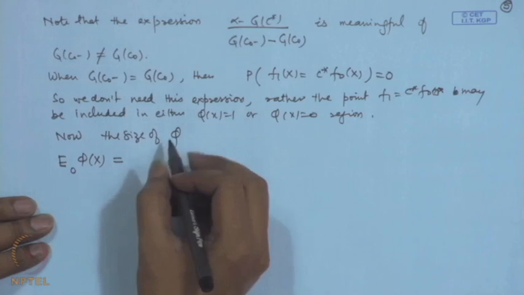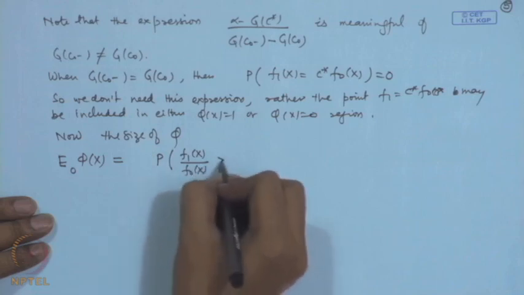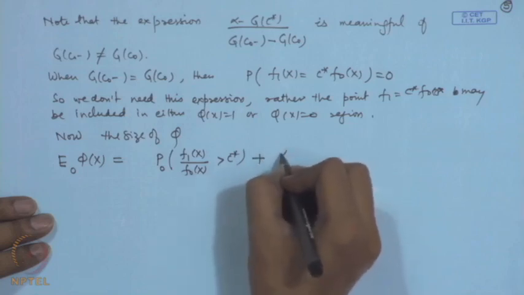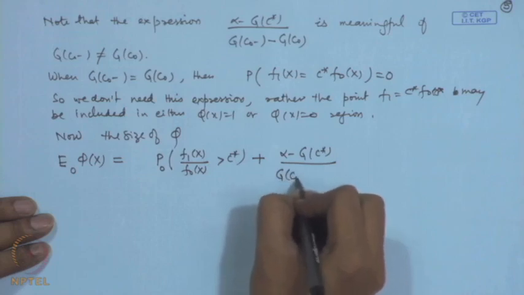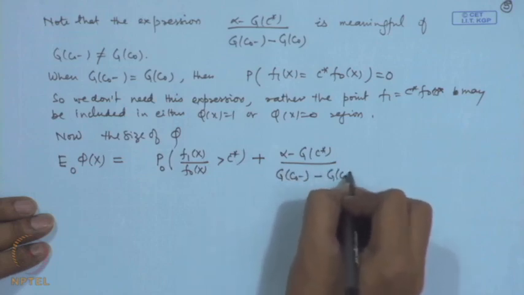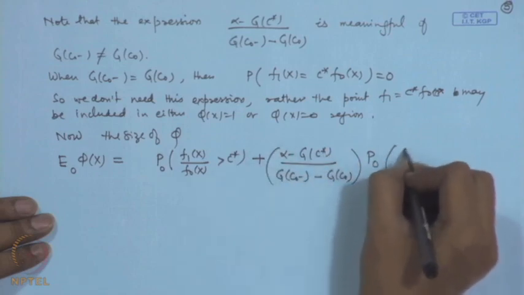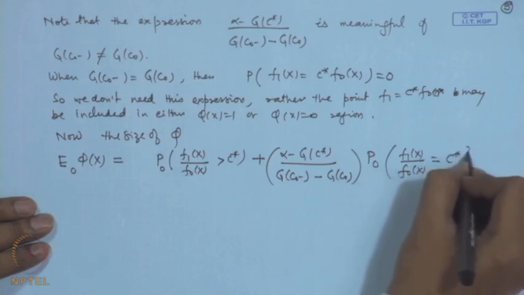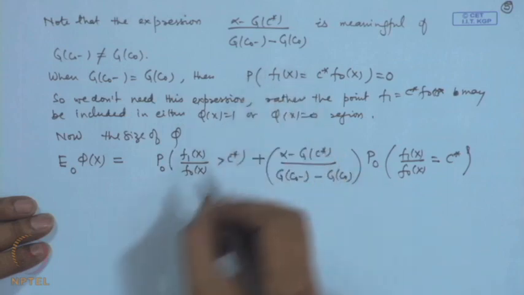So, this is equal to probability of f 1 x by f naught x greater than c star under h naught plus alpha minus g c star divided by g c naught minus g c naught times p naught f 1 x by f naught x is equal to c star, plus other portion will be 0.